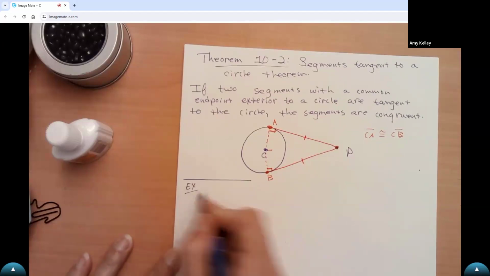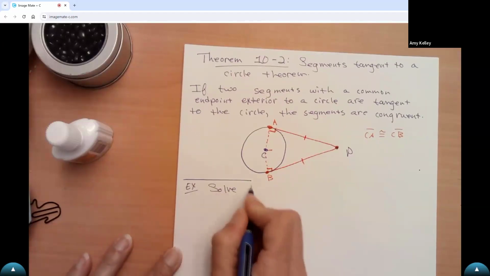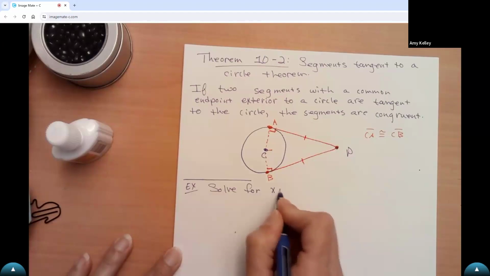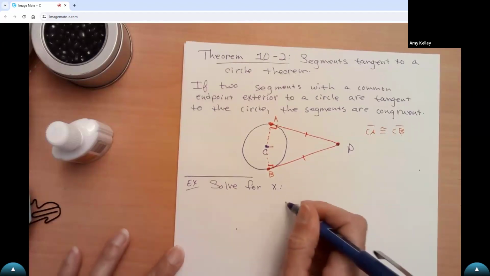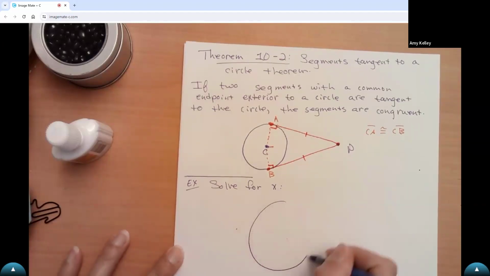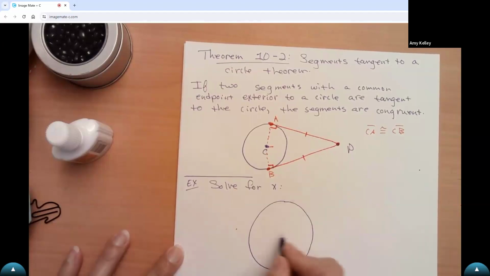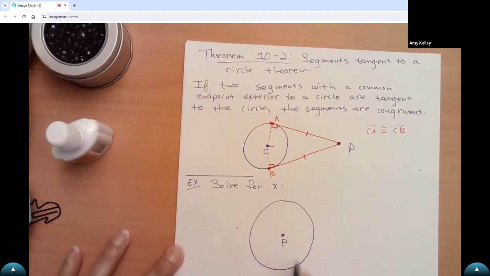You might see an example like this one. You may be asked to solve for an unknown.